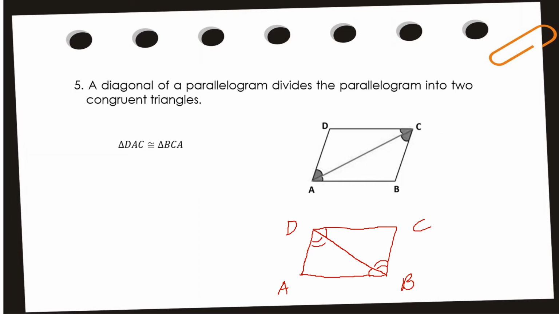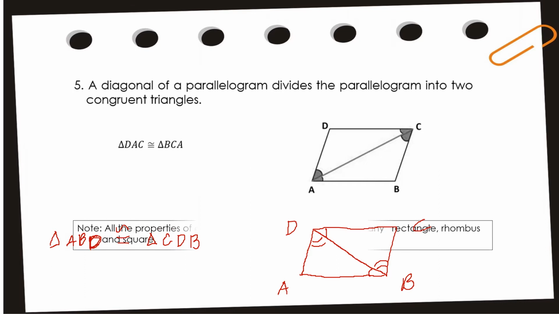So we can say that triangle ABD is congruent to triangle CDB. Those are the 5 properties of a parallelogram. Note that all the properties of a parallelogram are also properties of any rectangle, rhombus, and square, since rectangle, rhombus, and square fall under parallelogram.